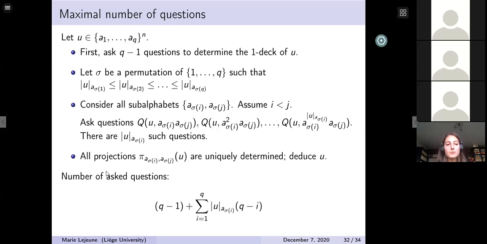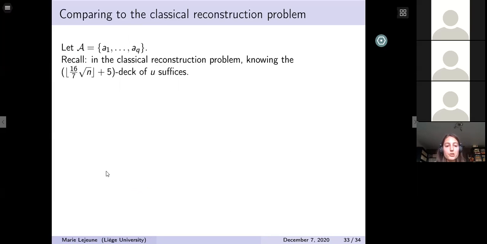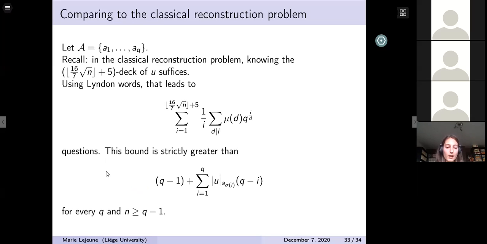And the remaining part was to be sure that there are fewer questions than the K-deck for the best known value of K. And we assume that we will only use Lyndon words. So if we use only Lyndon words for the K-deck, we had to prove that this number is still bigger than our number.